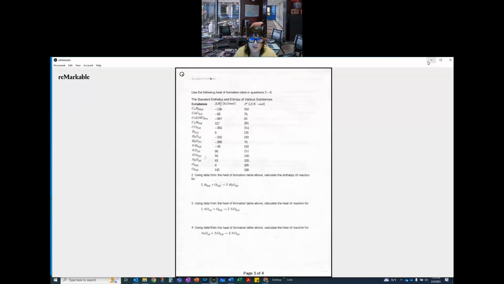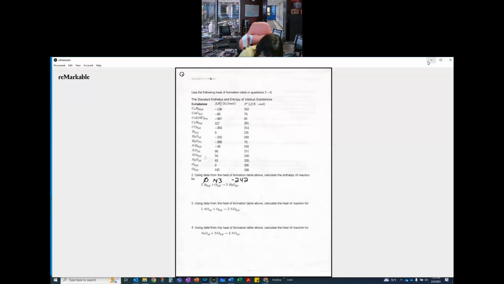Use the standard enthalpy and entropy of various substances. Using data from the heat of formation table above, calculate the enthalpy of reaction for 3H2 plus O3 goes to 3H2O. Okay, cool. Well, H2 is 0. O3 is 143. So this one is 143. This is 0. And the H2O gas is listed as negative 242.